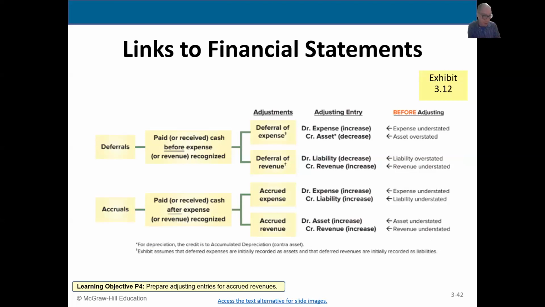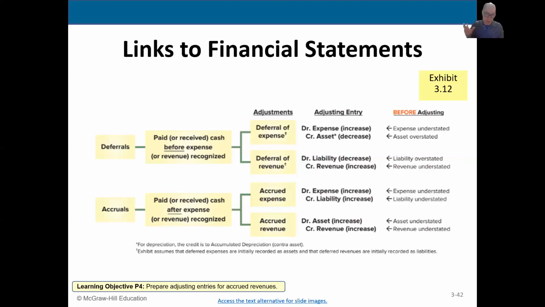This slide kind of easily sums up. I like this slide a lot. I apologize that it looks a little blurry. It looks blurry to me too. But this summary helps us to understand the difference between deferrals and accruals. It also shows us the adjustments that we need to make based off of the deferral or the accrual.